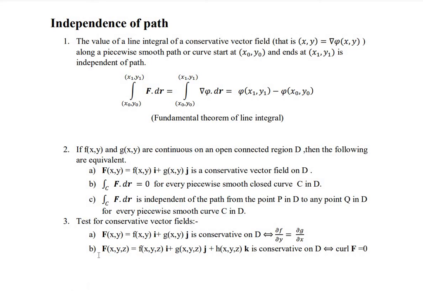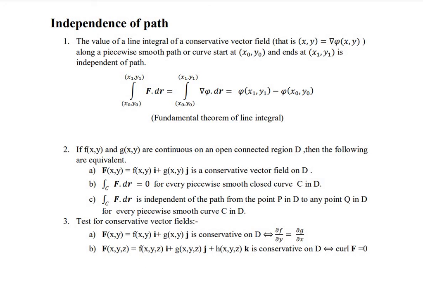And the next one is the test for conservative vector fields. We can test whether the given vector field is conservative or not. If you are given vector F(x,y) = f(x,y) i cap + g(x,y) j cap, it is conservative on D if and only if, so this is f and this is g, ∂f/∂y = ∂g/∂x.